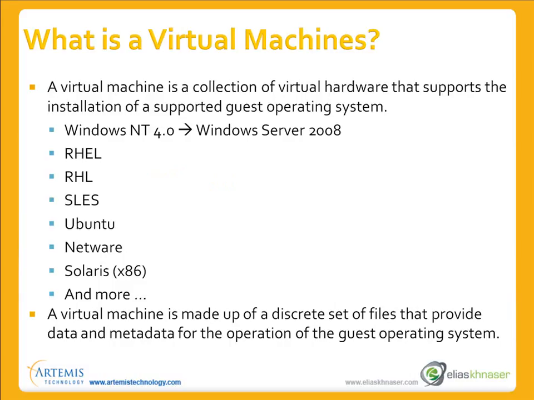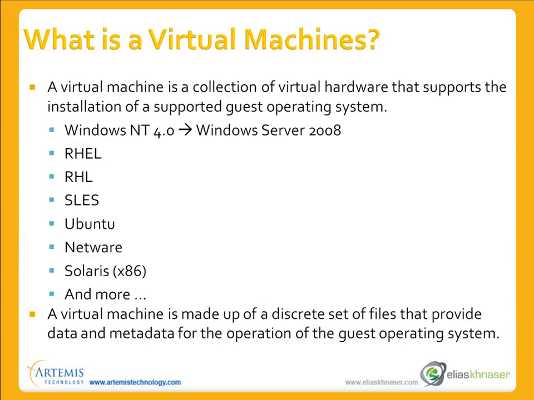Just like a physical machine requires certain components in order for the operating system to be installed, a virtual machine also requires certain virtual hardware components to be available so that when presented as a framework to this operating system, the operating system is not going to know the difference of whether it's being installed on virtual hardware or physical hardware. So that's what a virtual machine is in a nutshell: a collection of virtual hardware that comprises a framework or a baseline that makes it easy for an operating system to be installed on it.